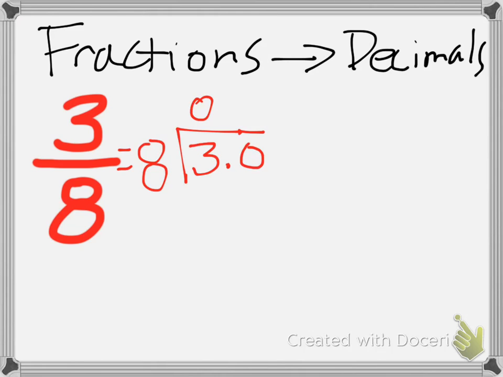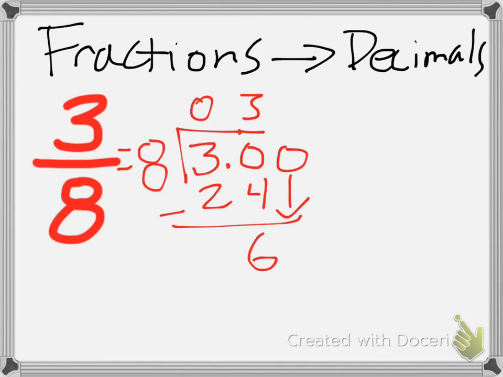8 certainly can fit into 30, and it can fit into 30 3 times. 8 times 3 is 24, and I subtract. That gives me 6. 30 minus 24 is 6. Add a 0, drop it down, and I end up with 60. Now, I like to use this one to just think out of my head.